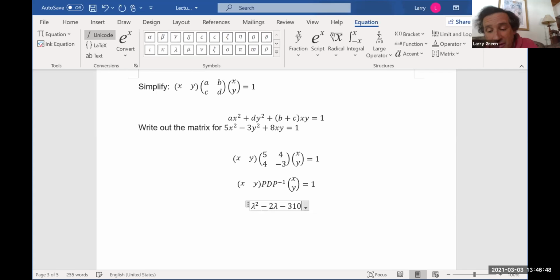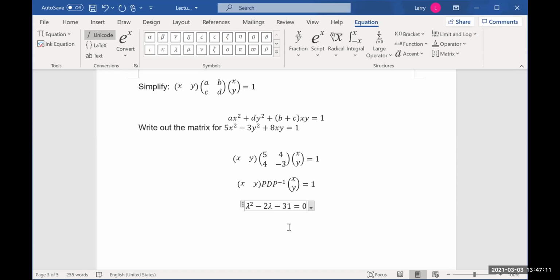We set that equal to 0. Now, I don't even need to actually find the roots. If I just want to find out, is this a hyperbola or is this an ellipse? Why do I know immediately? Just by knowing math, not linear algebra.